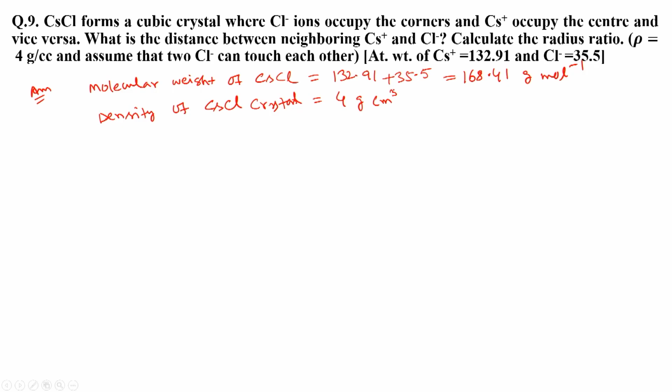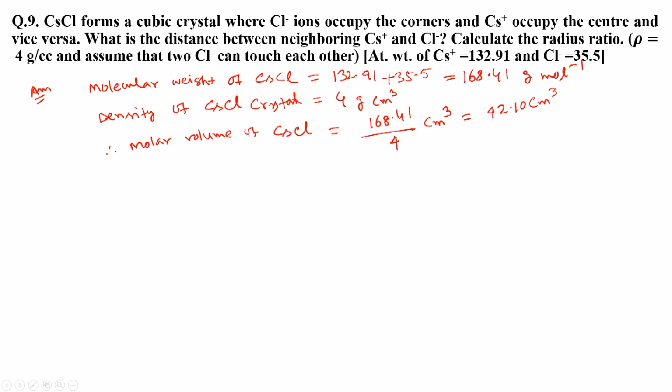Okay, so we can calculate molar volume, right? So molar volume of CsCl will be 168.41 by 4 centimeter cube, right? So we get 42.10 centimeter cube.